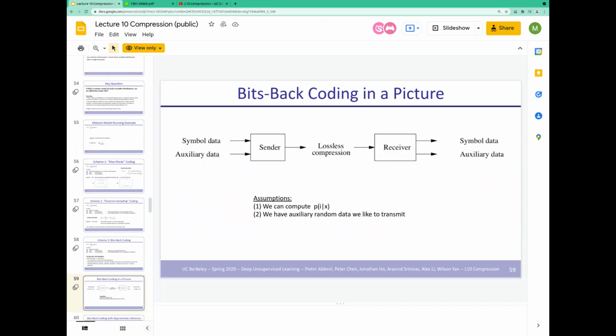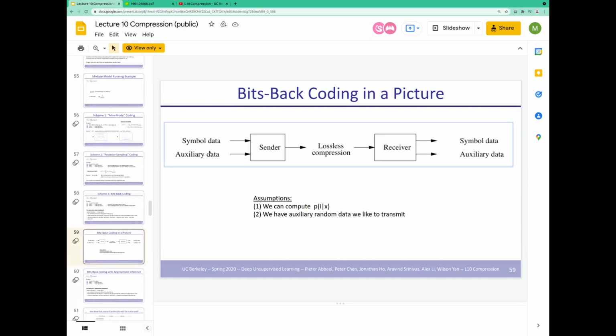Okay, I'm not sure what this picture is. So: symbol data, auxiliary data, and then the sender can get the symbol data and the auxiliary data out. I guess the auxiliary data is the one that is used as the random bit string to do the sampling.